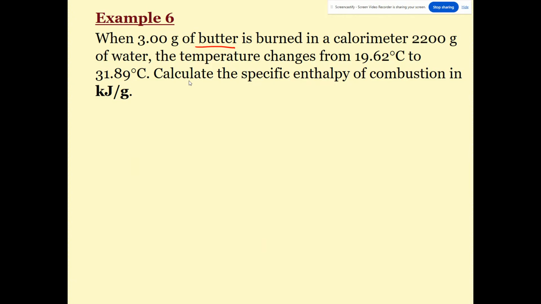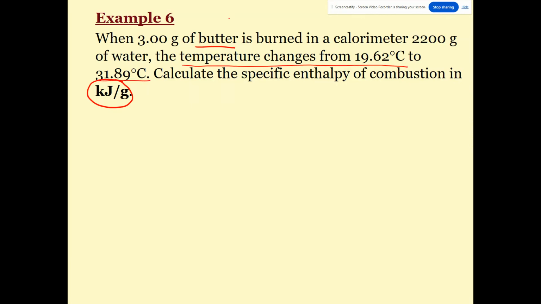We are not going to find the molar mass of it because we are not going to find the moles of it. We are not going to find kilojoules per mole. We are going to find kilojoules per gram. Okay? So we're setting this up a tiny bit differently. Now I'm still focusing on water. Water's temperature is increasing.